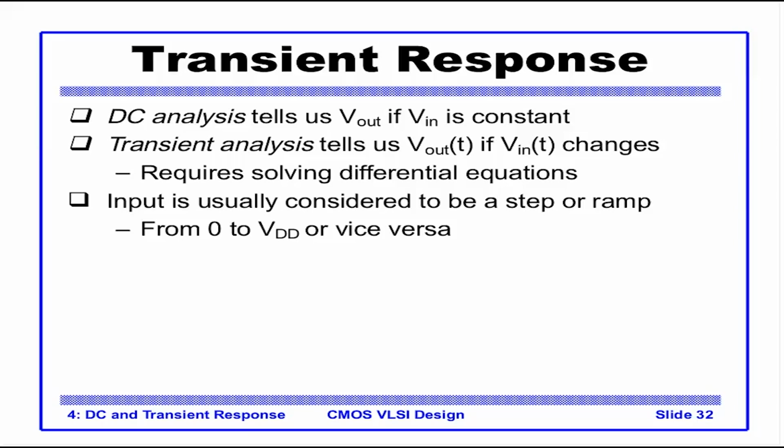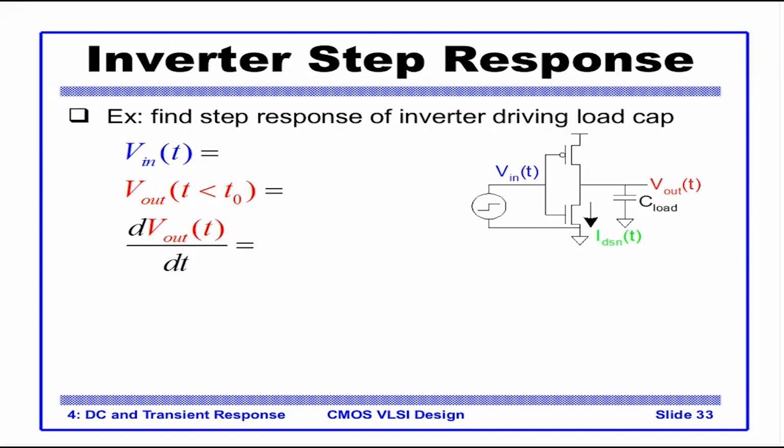Input is usually considered to be a step or a ramp. A step input is the ideal case. A ramp input is the more practical case, from 0 to VDD or vice versa. So let's see this inverter here. Now it's important that we look at IDSN. V out will see some load, which will be represented by C load, a capacitor load.